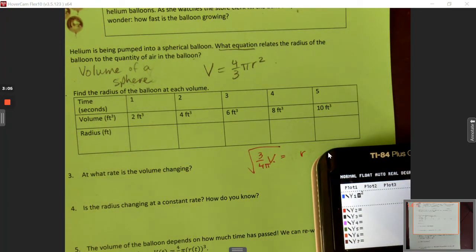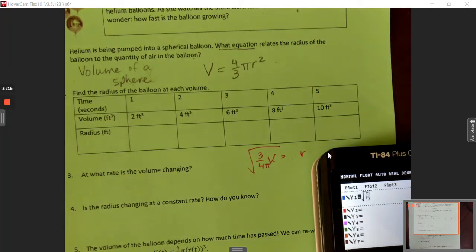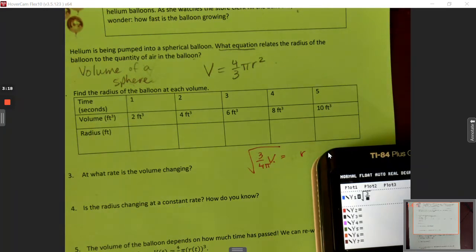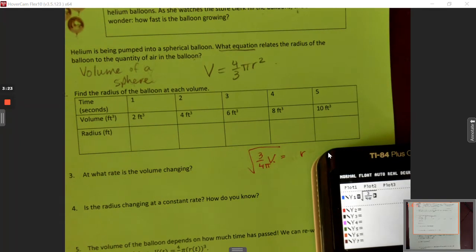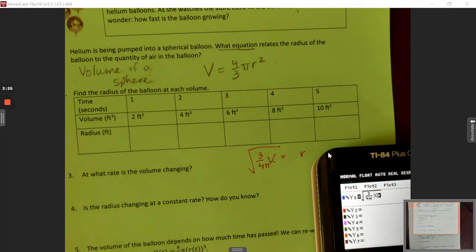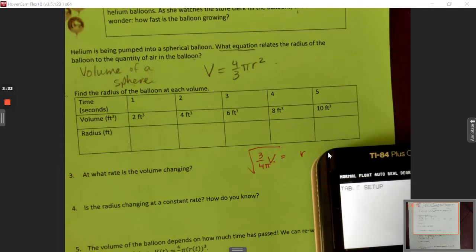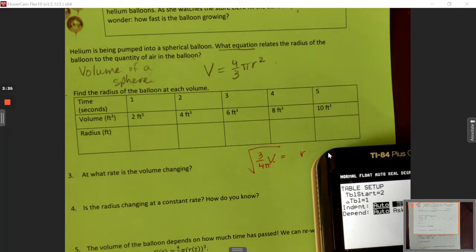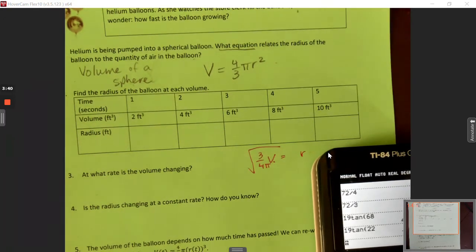So it'll be the square root of the fraction 3/4 pi times our variable. Even though we've got this all mixed up this way, we'll use the table. So then we're going to do table setup. We're going to do independent, ask. Okay, and so let's go look at our table.